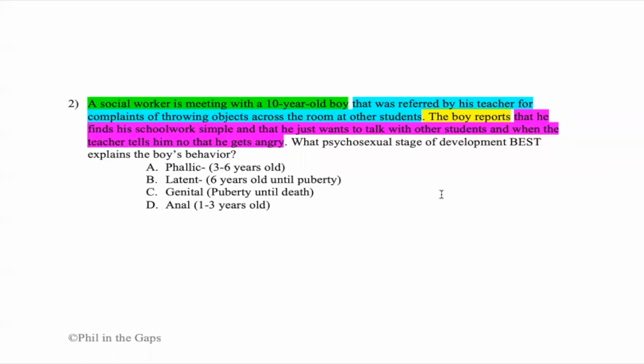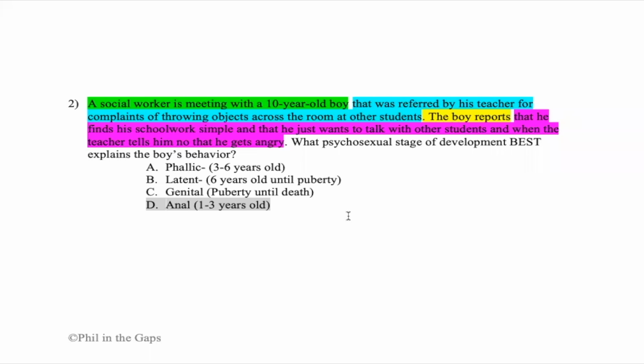And so right off the bat, we're going to rule out D. Why? Because it's not really talking about toilet training. And this could be similar to anal expulsive. However, the primary focus is based on wanting to socialize with other individuals, and being restricted is causing a problem within the situation.